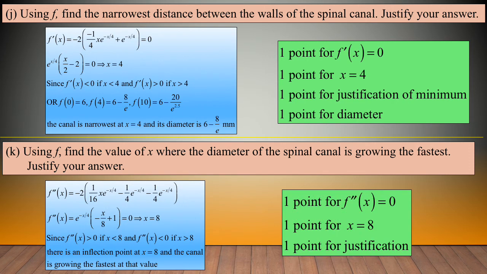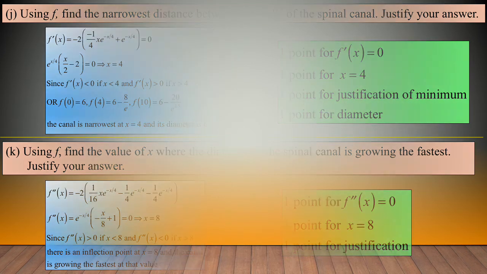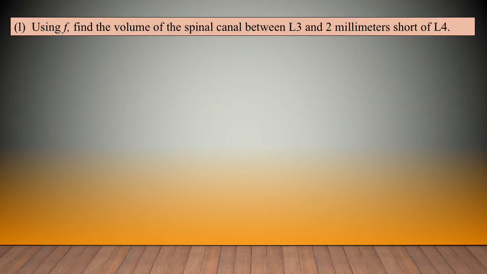3 points for this problem. 1 point for setting f double prime of x is equal to 0, 1 point for the answer x is equal to 8, and again 1 point for the justification. L reads, using f, find the volume of the spinal canal between L3 and 2 millimeters short of L4.